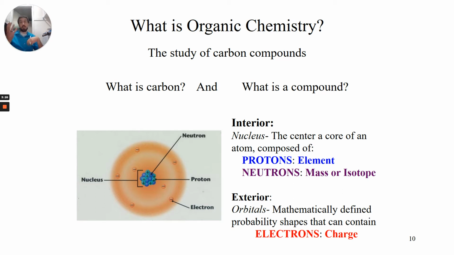For instance, if I go from 6 protons to 7 protons, I now change the identity of the element. We could also use neutrons to change the isotope for an individual element, which can do something called radiodating or labeling. That labeling will allow us to look at how a reaction potentially works.